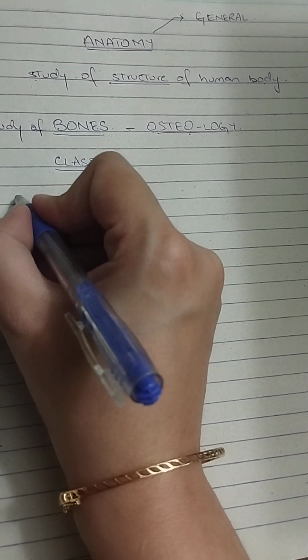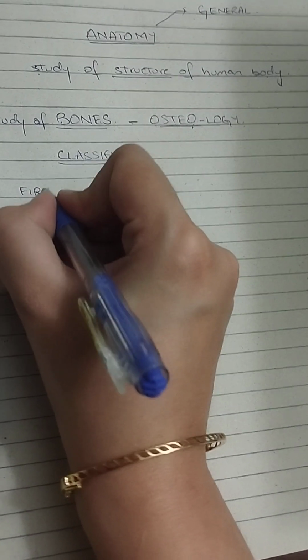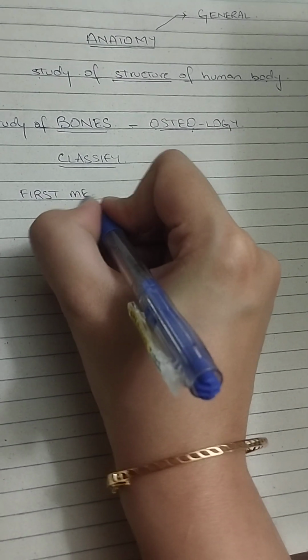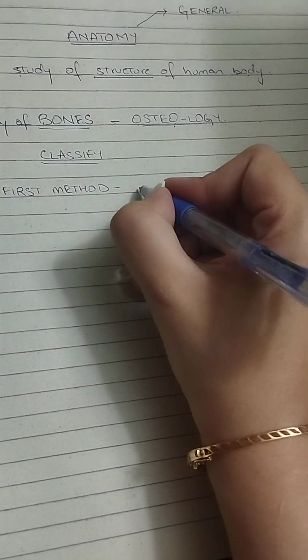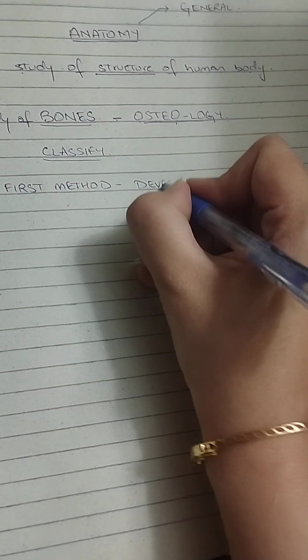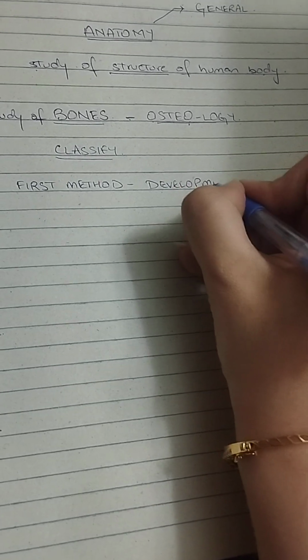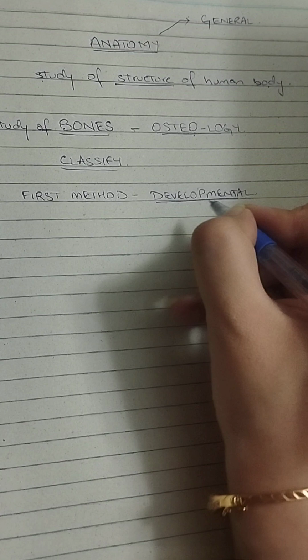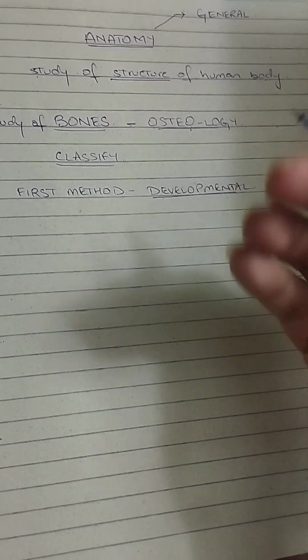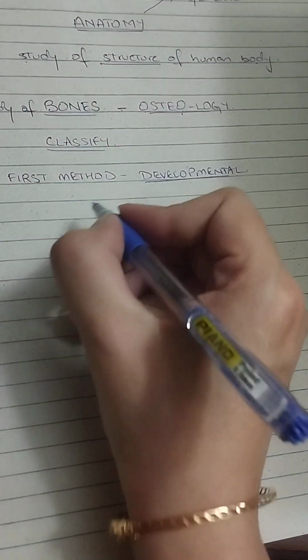The first method of classification is the developmental classification of bone. How a bone is going to develop is going to determine how we are going to classify it.